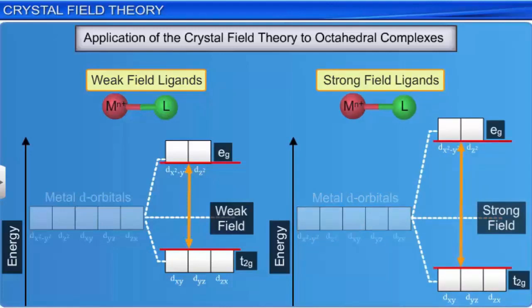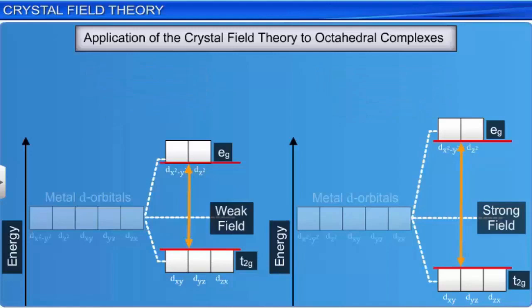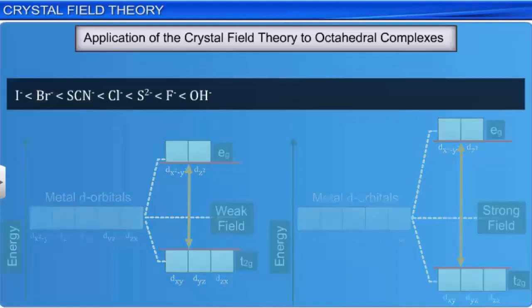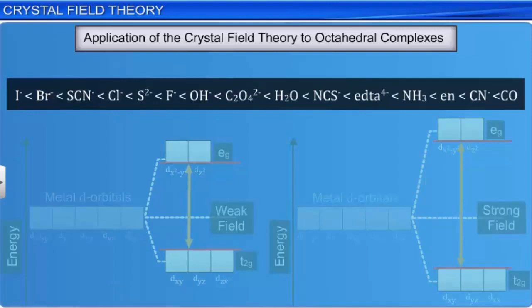If strong field ligands are present, the magnitude of the crystal field splitting will be more. Application of crystal field theory to octahedral complexes. The first one is the spectrochemical series. Delta O: the subscript O indicates octahedral geometry.